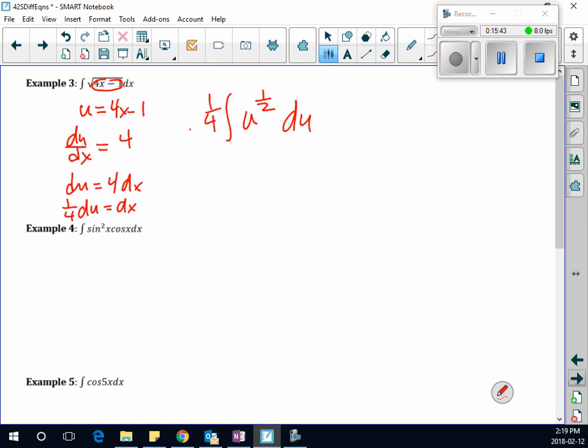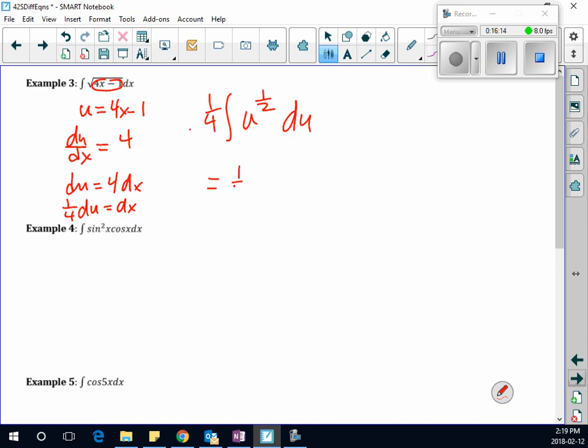You manipulate it to make it work, right? So if they only have a dx here, sometimes they have an extra 4 laying around, or maybe it's a 2 and then you just have to multiply it by 2 to get it to work. You'll see once we start doing some of these. Okay, so the 1/4 just kind of lies around for a while as we do this, right? So the antiderivative of u to the power of a half is, same as the last question, add 1.